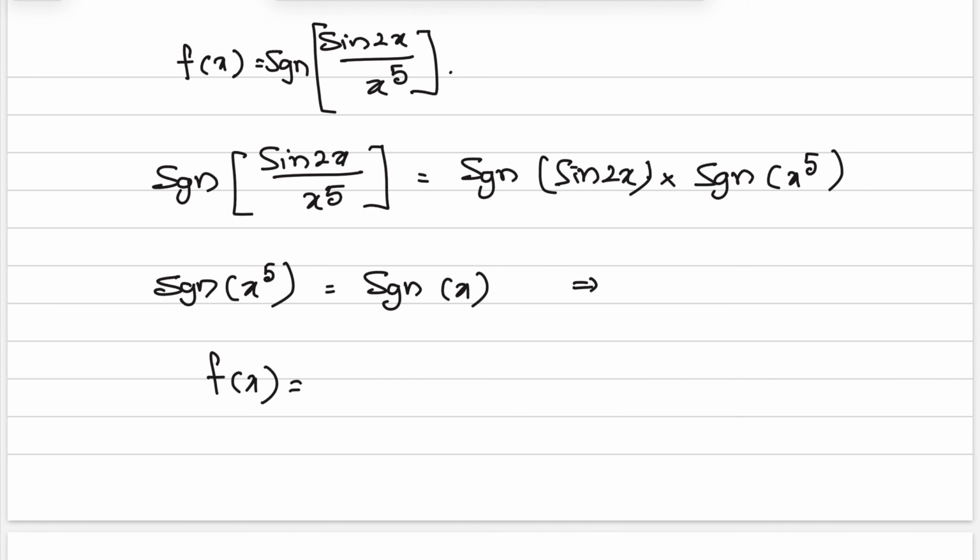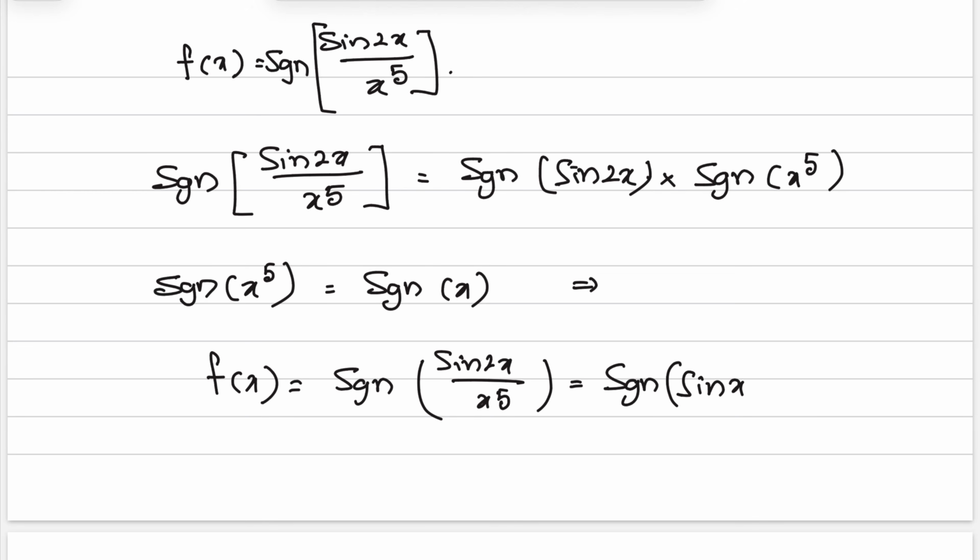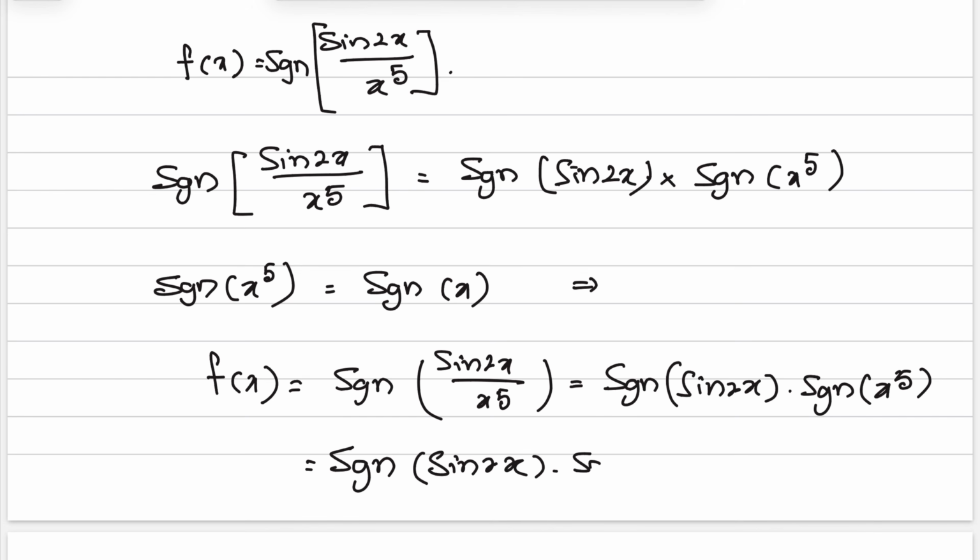Function x is equal to signum sin 2x by x to the power of 5, which is equal to signum sin 2x into signum x to the power of 5, that is equal to signum sin 2x into signum x.